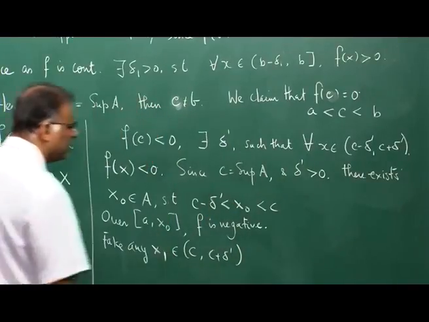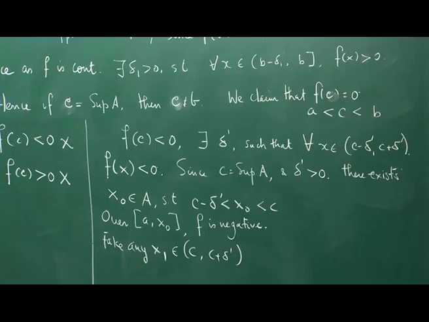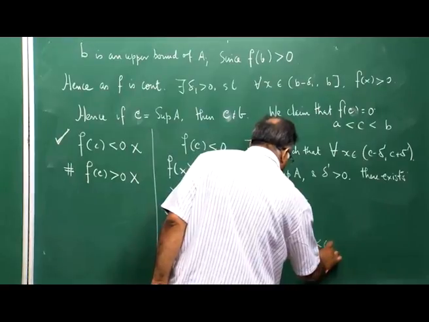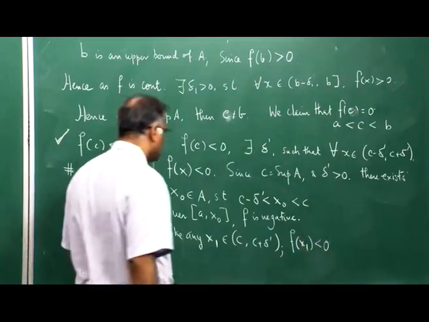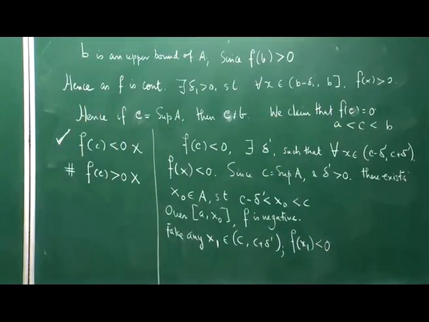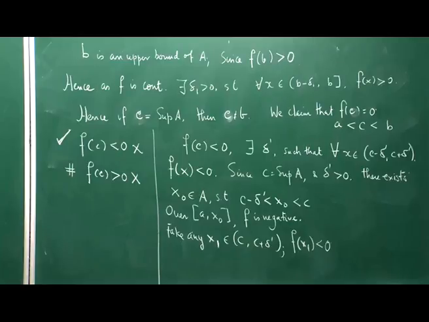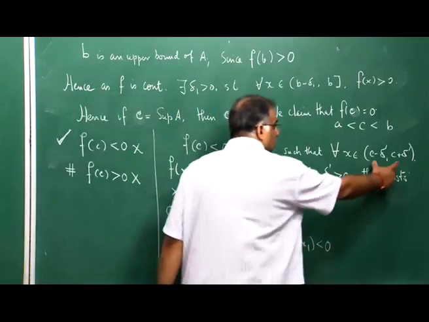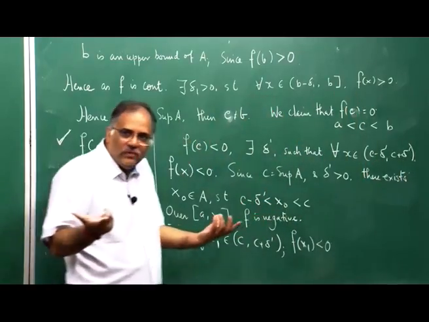What would happen? f of x1 must be strictly less than 0. In this whole interval, because f of c is strictly less than 0, the function value is less than 0.